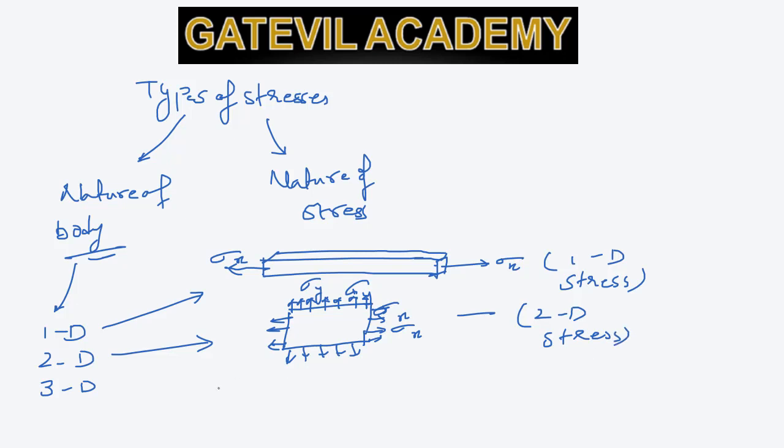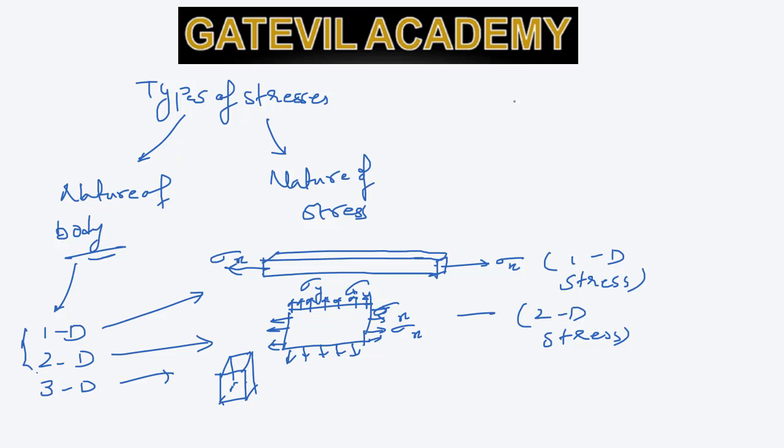Now from the one-dimensional and two-dimensional stresses, you can relate what three-dimensional stresses could be. Three-dimensional stresses are nothing but when all the sides or dimensions of an object are comparable, then the stresses acting along them are three-dimensional stresses.